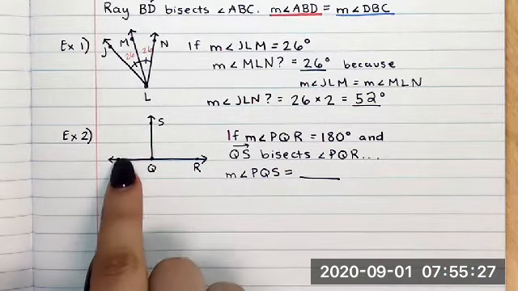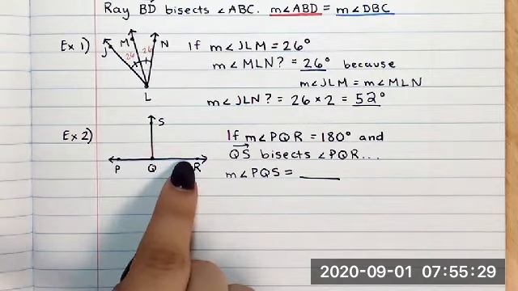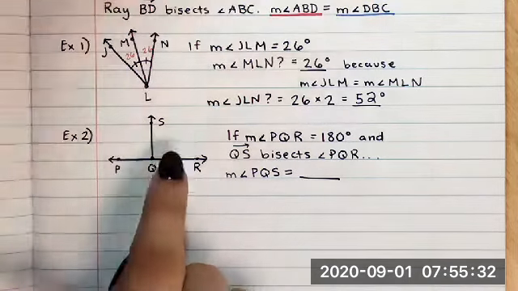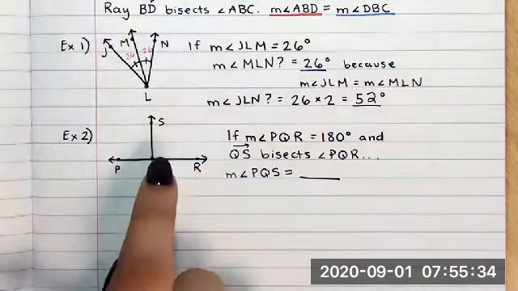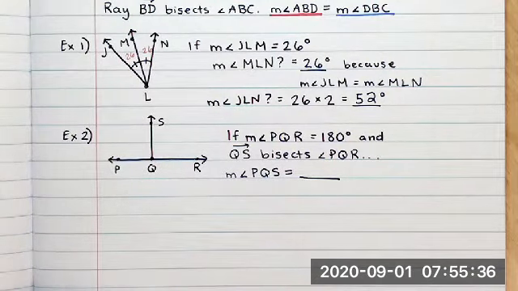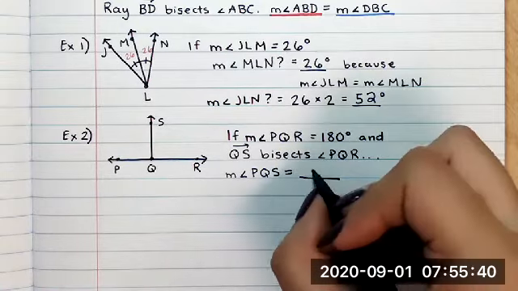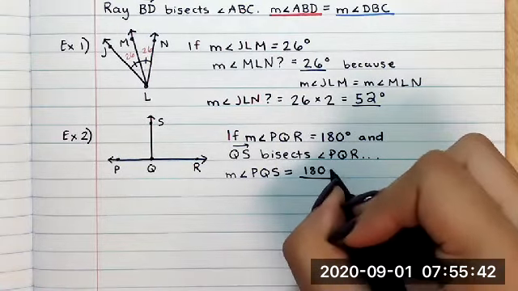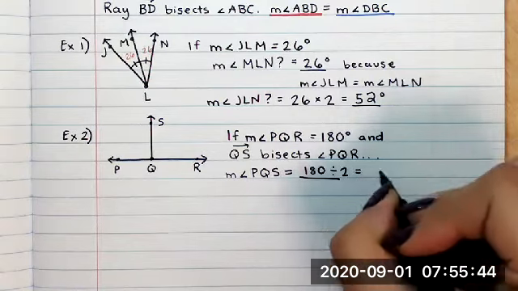Well, if this whole thing is 180 degrees and I have cut it in half, all you have to do is take that 180 and divide it into 2 equal pieces.